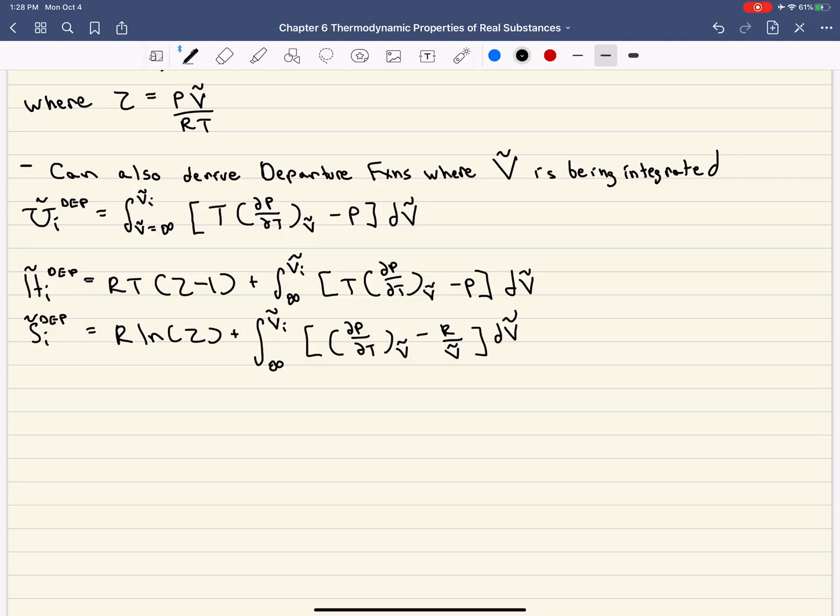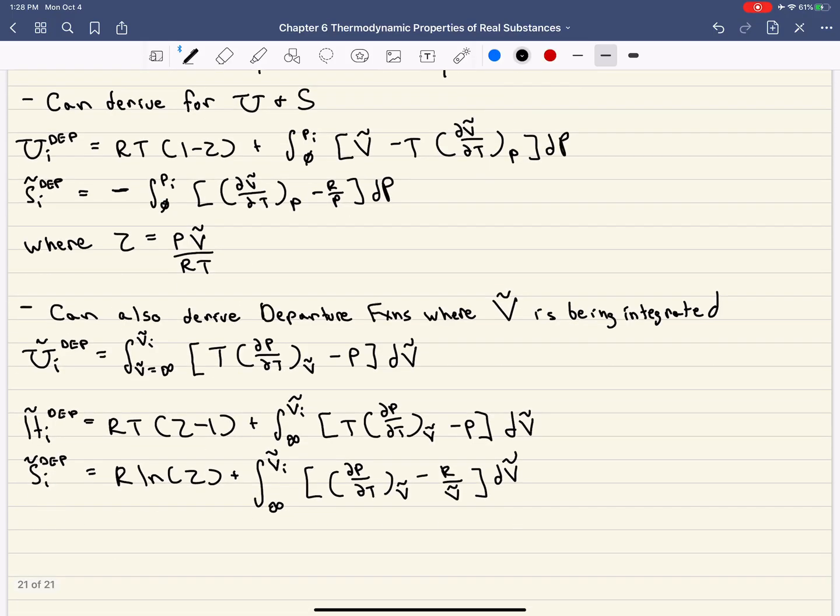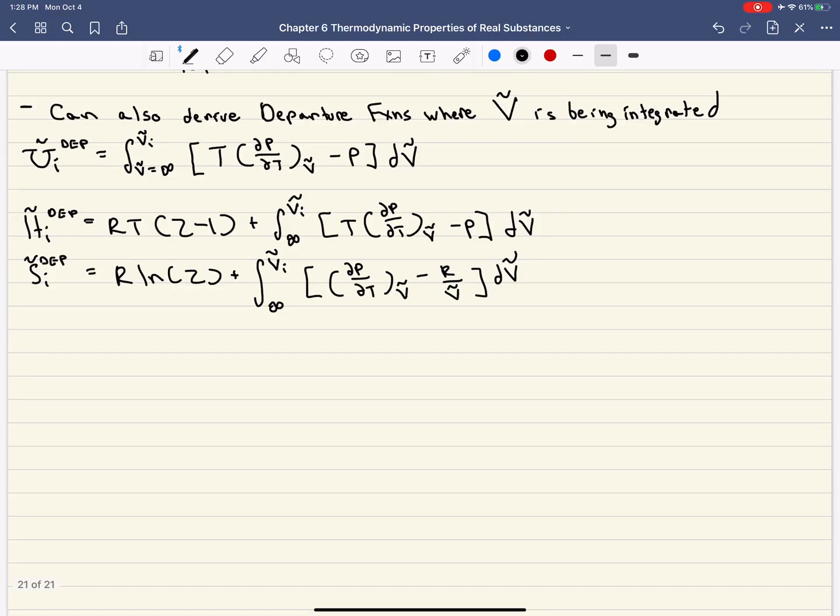Okay. So these are the different forms of departure functions, and we'll go through examples that demonstrate the utility of this departure function approach, and how it can be easier to use in contrast to just directly using the calculus of thermodynamics.